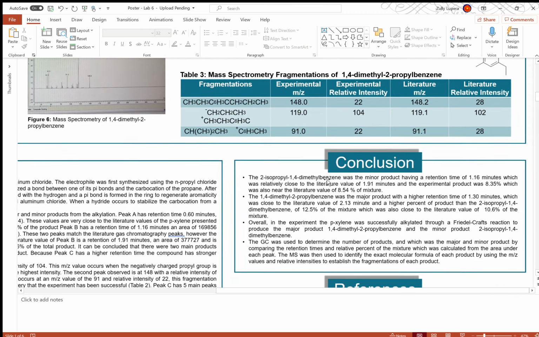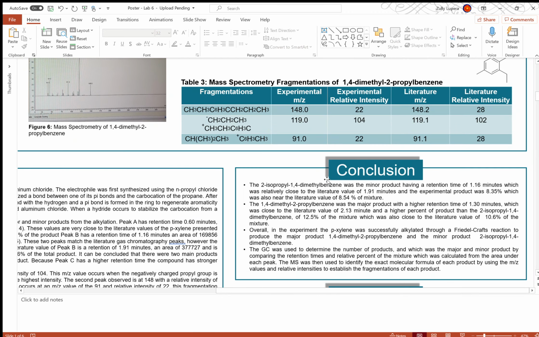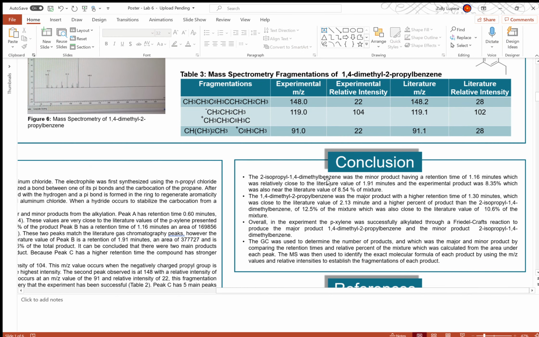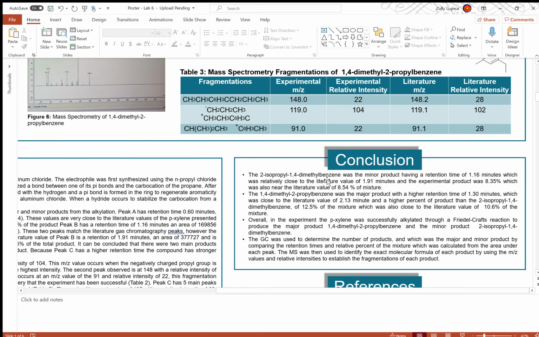And overall the experiment was very successful. We were able to alkylate through the Friedel-Crafts reaction to produce the two products. The major product being 1,4-dimethyl-2-propylbenzene and the minor product being 2-isopropyl 1,4-dimethylbenzene.